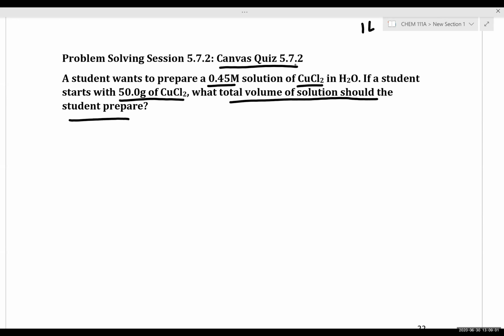So let's work through this problem. Let's discuss this problem just to provide a little more guidance, okay? First and foremost, let's calculate the moles of copper chloride. We have 50.0 grams of copper chloride.